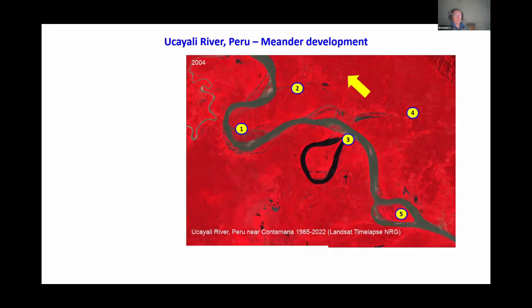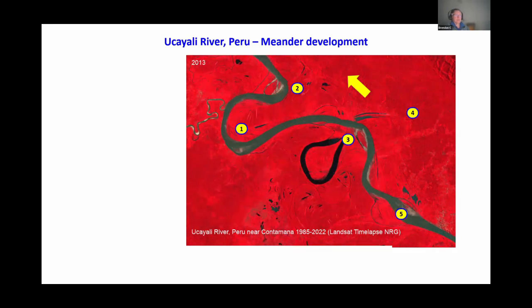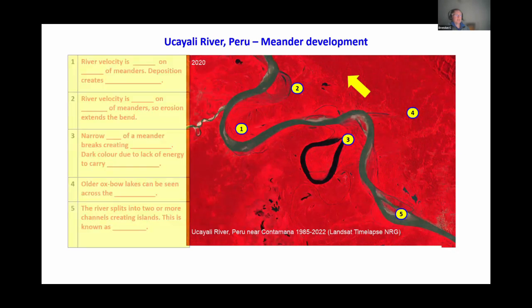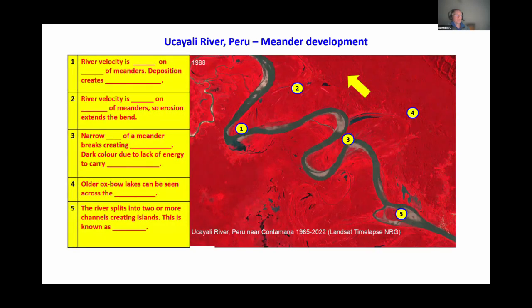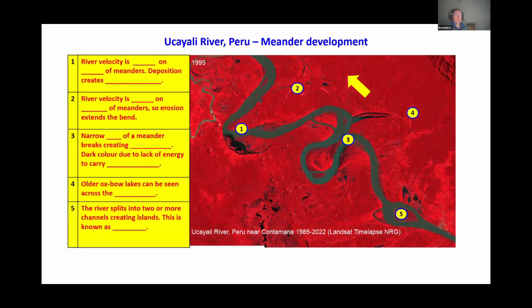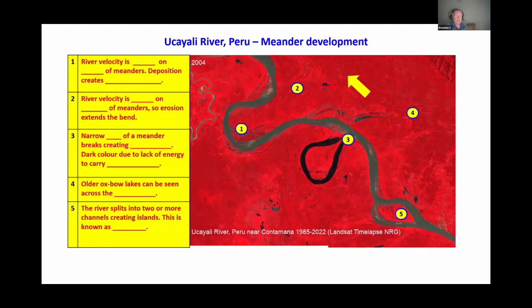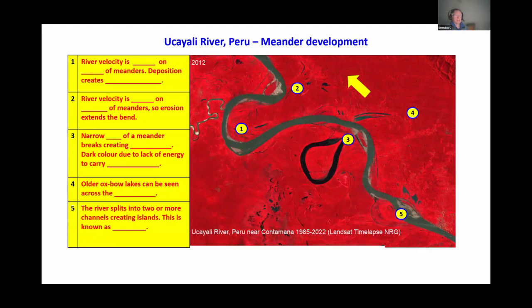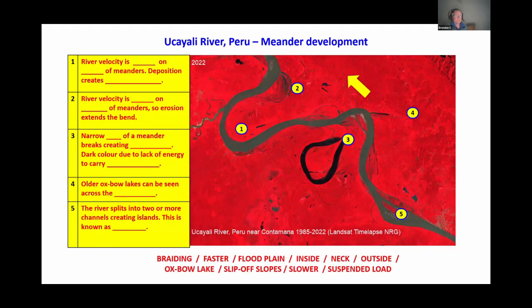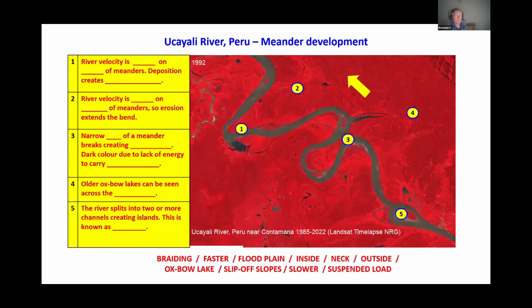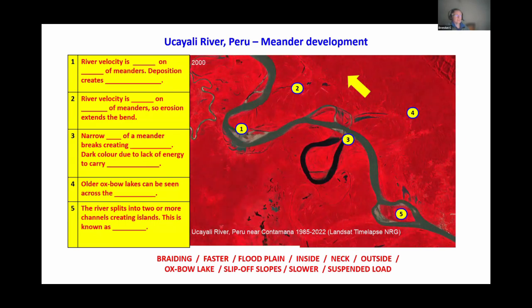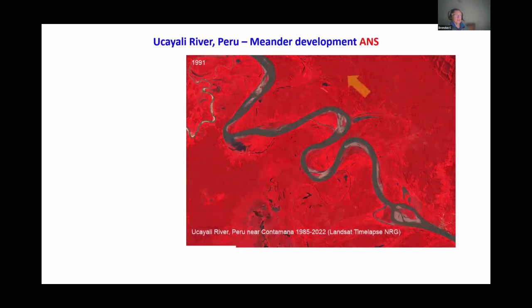Think, pair, share. In a similar way, we can add a table and say, okay, what's going on at number 1, number 2, number 3, number 4, number 5, with, again, some scaffolded words as necessary. And I'm sure you've all got the answers, but in case not, there's an answer sheet there.